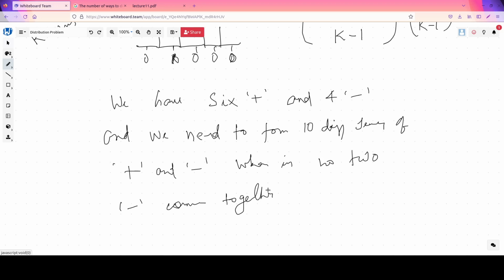So this is the problem which has come in the IIT. So let's try to solve it, right?